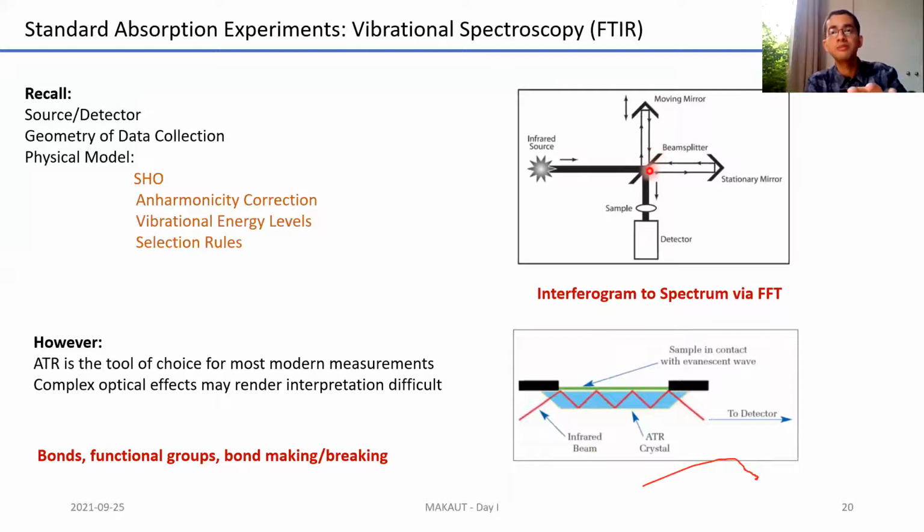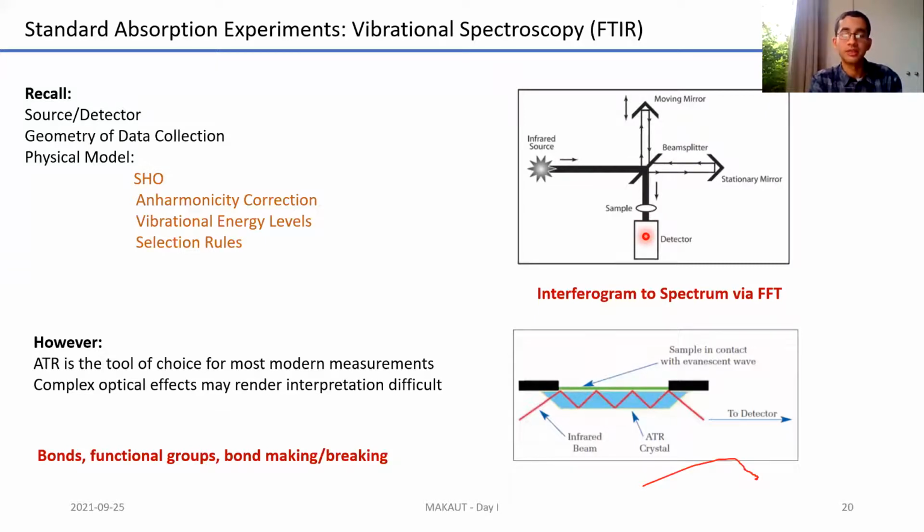There's a beam splitter which divides the beam between these two mirrors. And because of the interaction between the light reflected from the moving and the stationary mirror, what arises is known as an interferogram. This is known as a Michelson interferometer, for those of you who are aware. This interferogram is then sent to the sample, and the sample interacts with this packet of radiation, and then it goes to the detector.